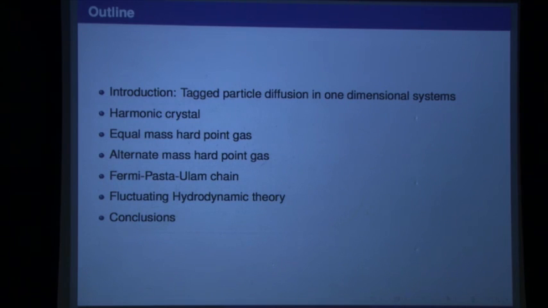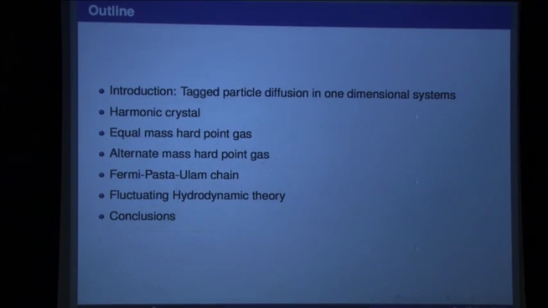Okay, so this is the outline of the talk. I am basically talking about tagged particle diffusion in one-dimensional Hamiltonian systems. I'll consider various Hamiltonian systems, starting from simple models like the harmonic crystal and the equal mass hard point gas, and then looking at more complicated models.